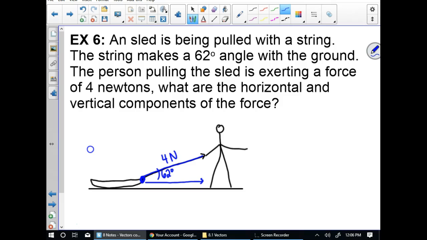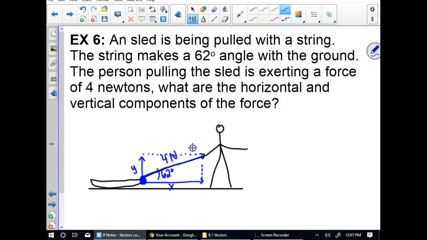Okay, so we want to know the horizontal and the vertical components of the force. This is still one of the easier problems that we'll have here. Our horizontal force I'm going to call X, and our vertical force we'll call Y. We could make ourselves a little parallelogram here.